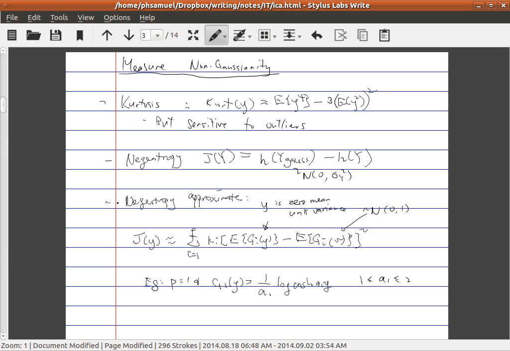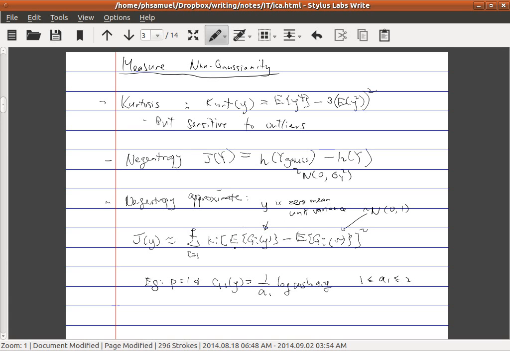So we can do an approximation by introducing a kind of measure function, we say G here. Basically, this will try to measure how non-Gaussian a variable is. Let me say it again.